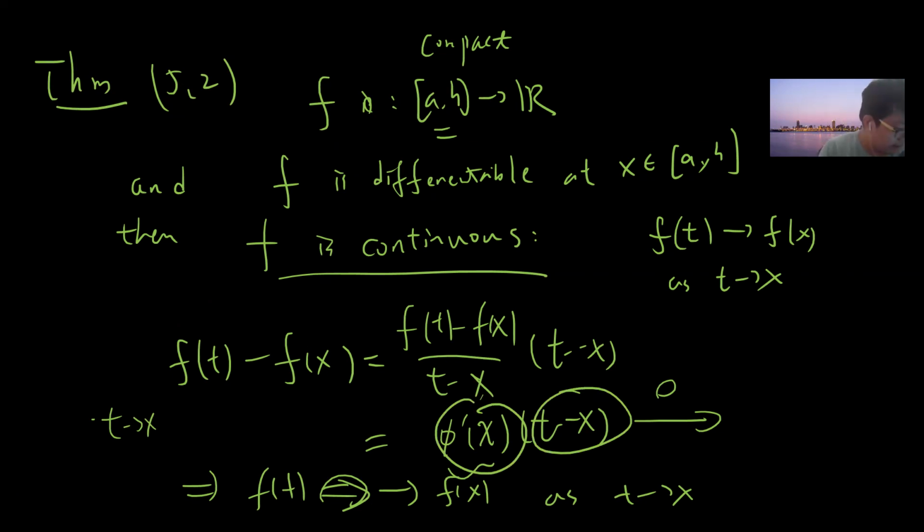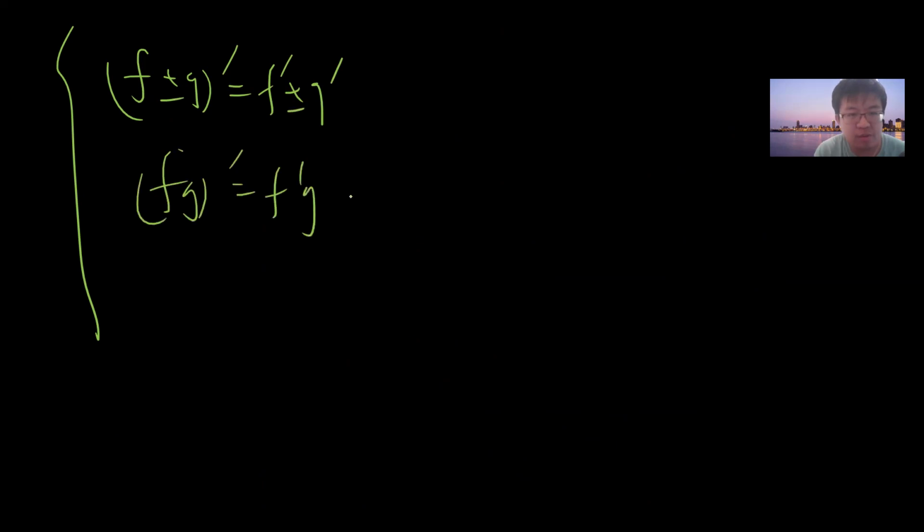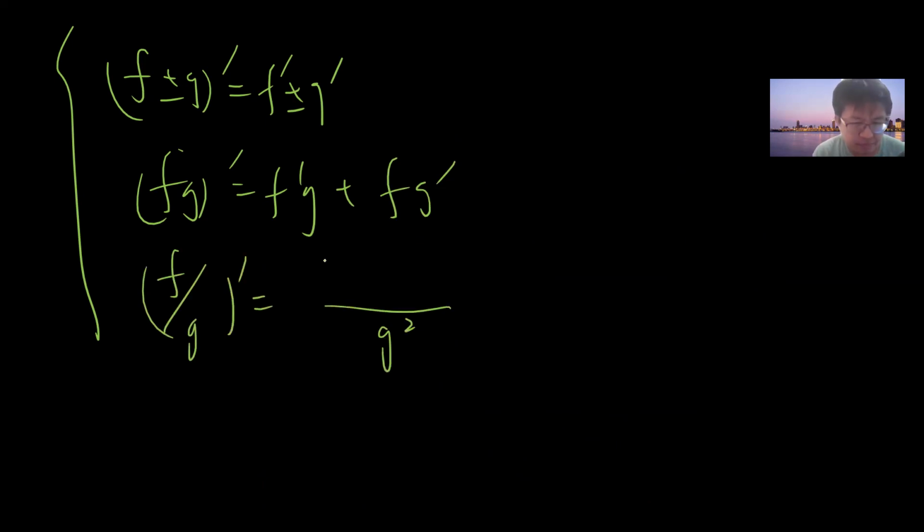The next topic is the differentiation rules. This should be high school material. The derivative of f plus g is f prime plus g prime, and the derivative of fg is f prime g plus f g prime, which is called the Leibniz rule. You can easily prove this.